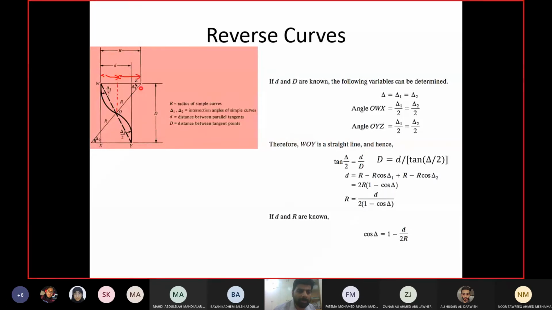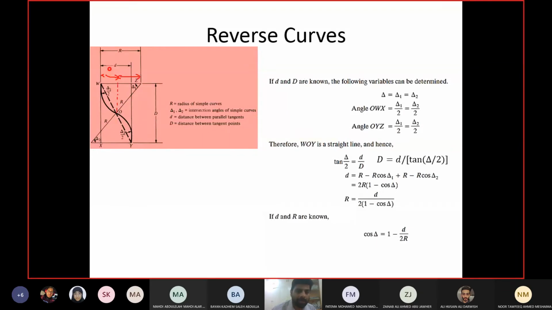And from W to Z, the total distance is also r. Now if you do r minus r cos delta, you will get this distance, and this distance is small d by 2. You take the total distance r, subtract the projection of this r on this axis, r cos delta, and you get d by 2. So in order to get d, I should take it twice.